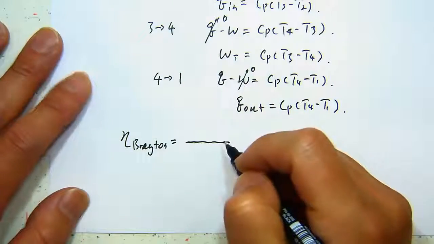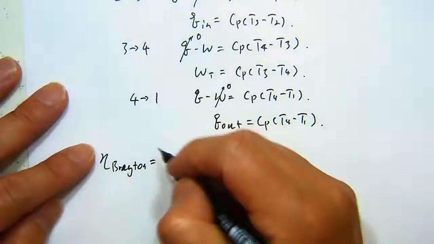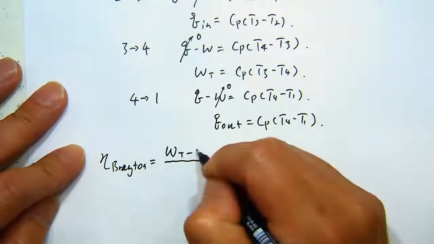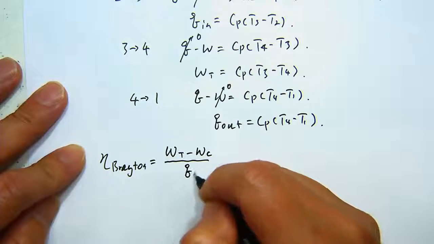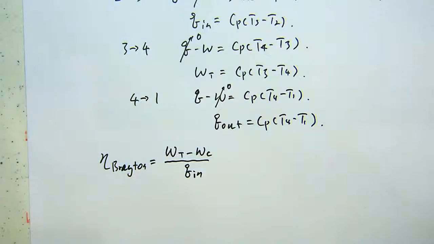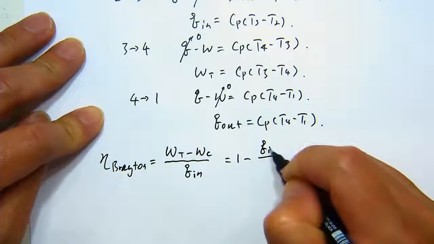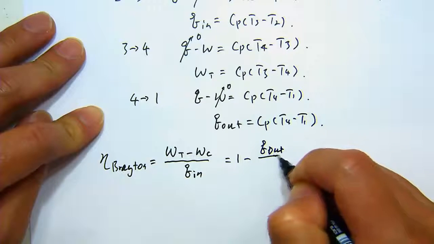The useful output is the work. And here we have 2 work terms. We're dealing with the net work. So that's WT minus WC divided by Q in, which is the heat transfer that drives the process to happen. All right, so we can do it a similar way, equals Q out over Q in.